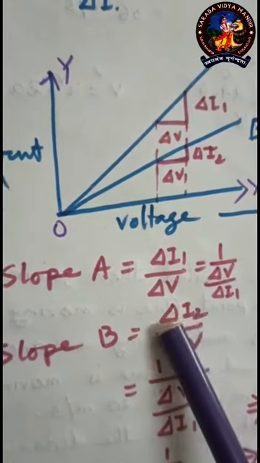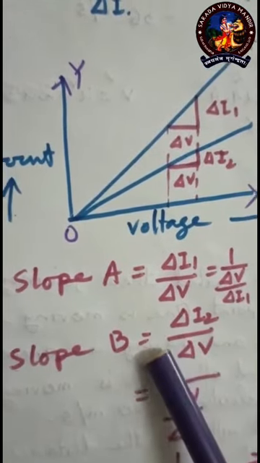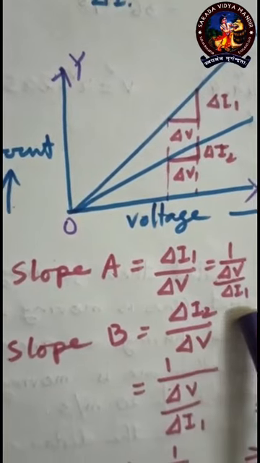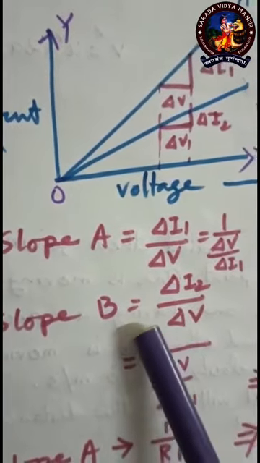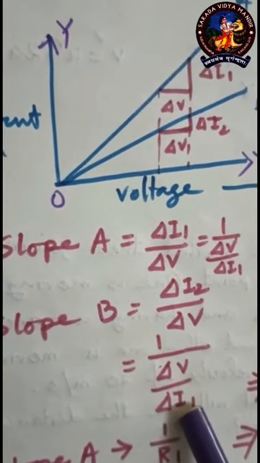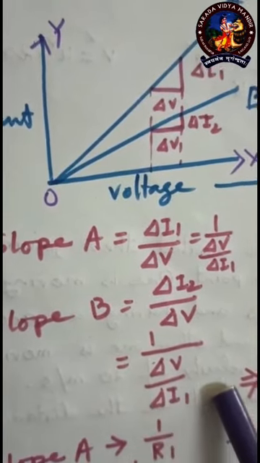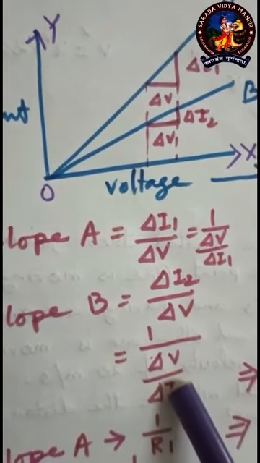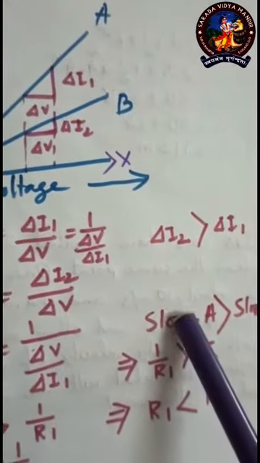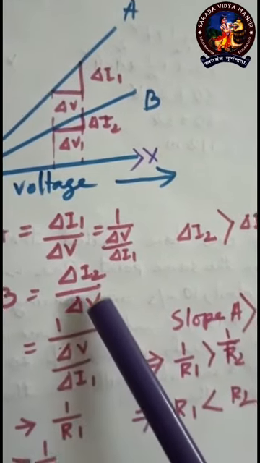Again it is del I2 by del V, but this is the reciprocal of resistance. So to put it in the form of resistance, I have to take 1 by del V by del I2. So this is R2 or RB. Understand?